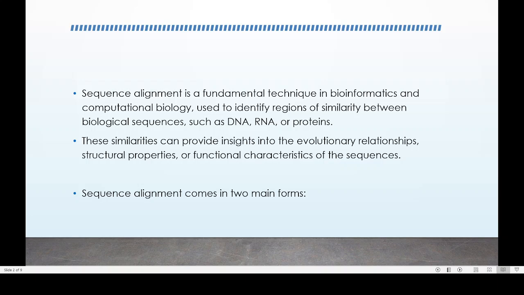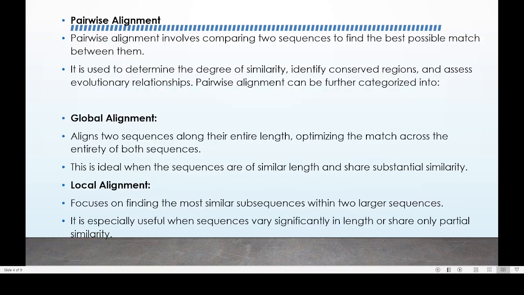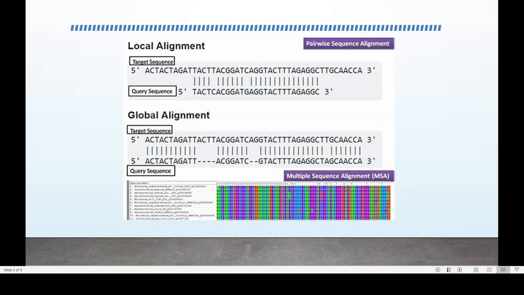By doing this sequence alignment, we will be able to understand the evolutionary relationship. For example, here you can see there are two sequences, the first sequence and the second sequence. One is the target sequence, the other is the query sequence.